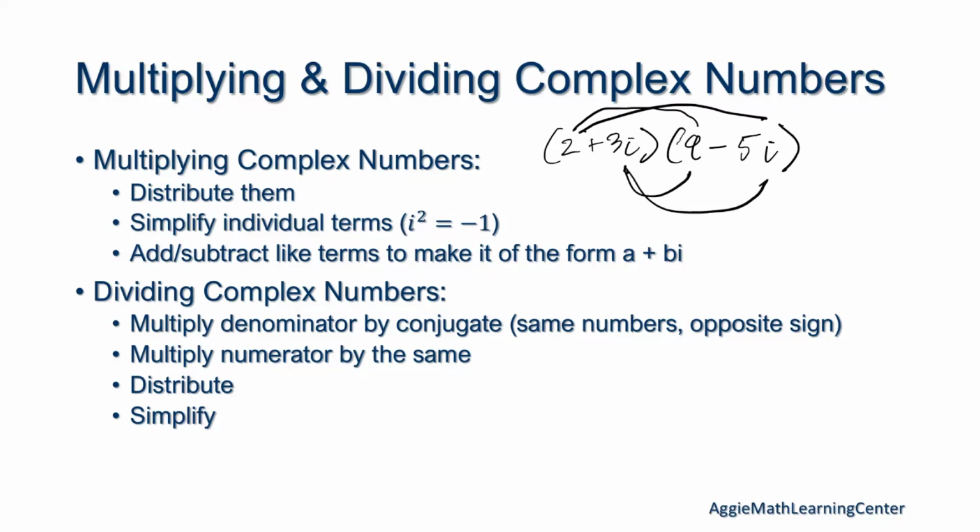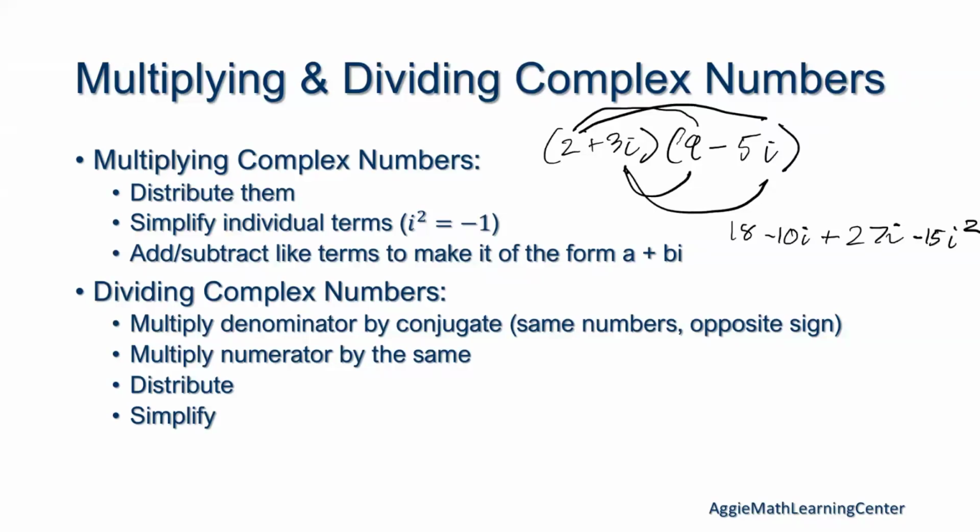So for the 2 times 9, we'll get 18. 2 times -5i, we'll get -10i. With the 3i times 9, we'll get 27i. And the 3i times -5i is going to be -15i squared.